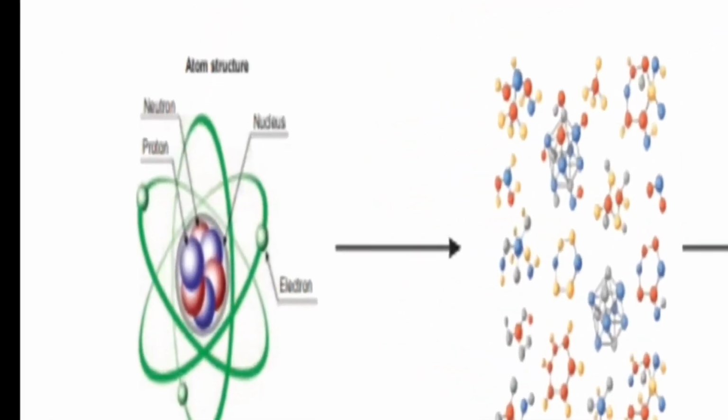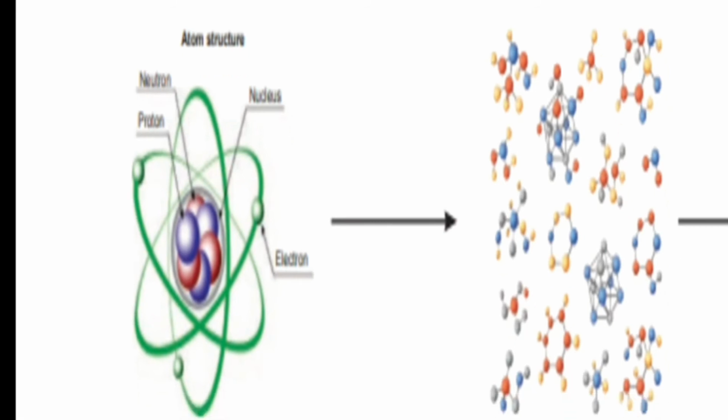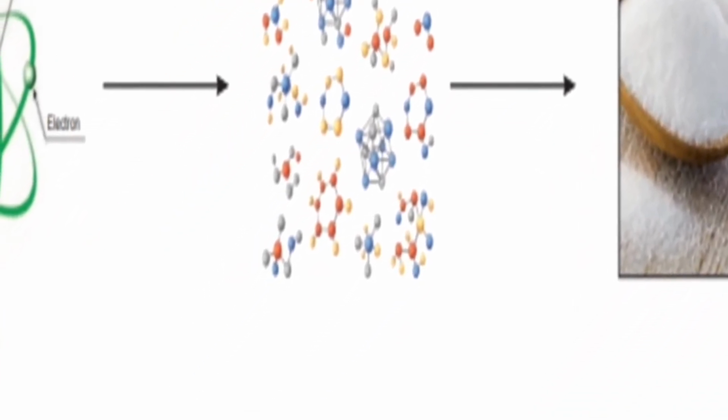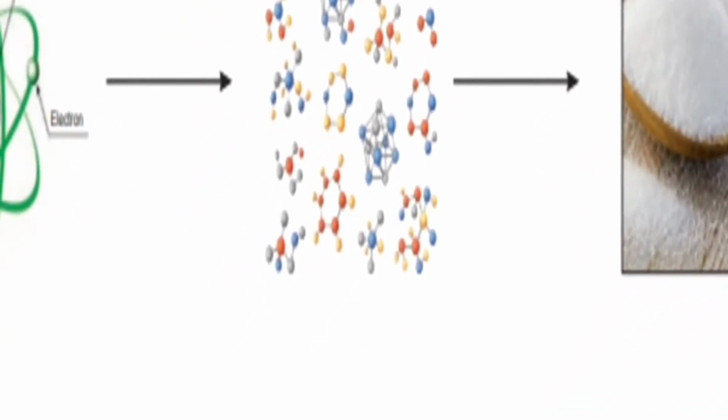The atom consists of neutron, proton and electron. These are called subatomic particles. Now these atoms, the very smallest particles, bond together to form a molecule, and that molecule is what is present in the matter we are seeing.